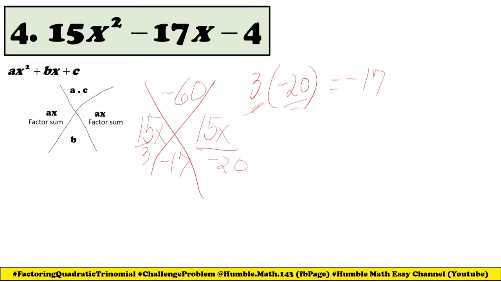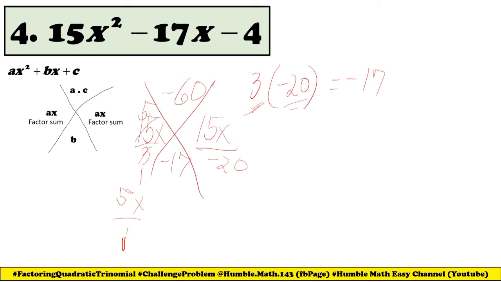What we're going to do now is simplify further. 15x and 3 are divisible by 3, so this one becomes 5x and this one becomes 1.